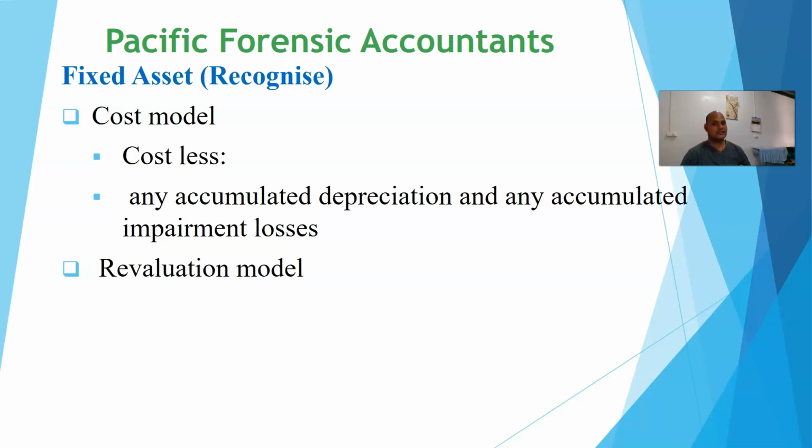That will give us the cost that should be disclosed in our financial statement. That's what it means by asset recognized up here. So that's the way the cost model expects us to account for an asset or assets.